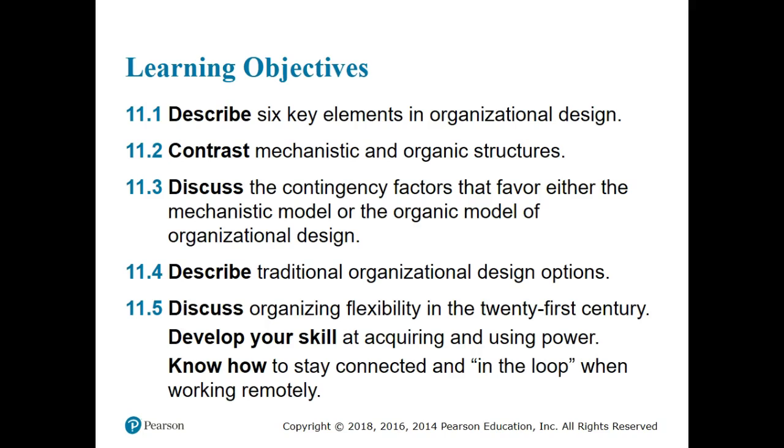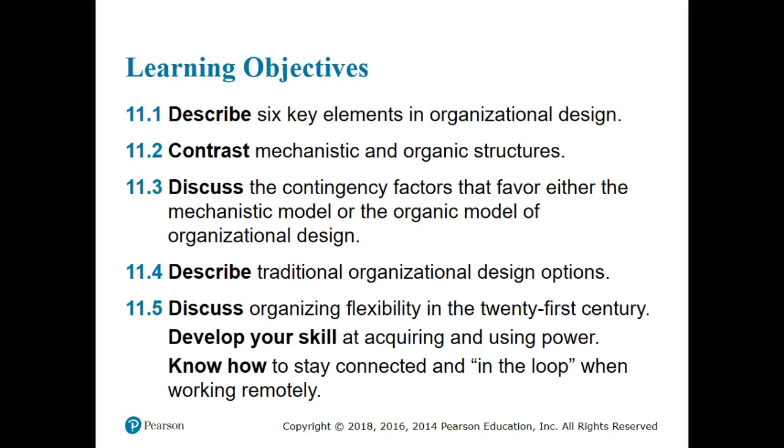First, we'll cover the learning objectives for Chapter 11. We're going to describe 6 key elements in organizational design. Then we're going to contrast mechanistic and organic structures. Then we're going to discuss the contingency factors that favor either the mechanistic model or the organic model of organizational design.